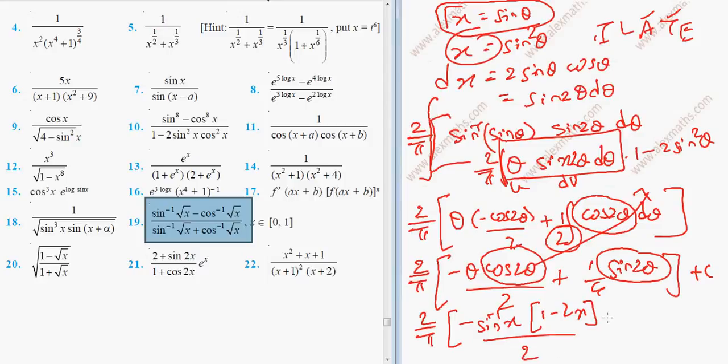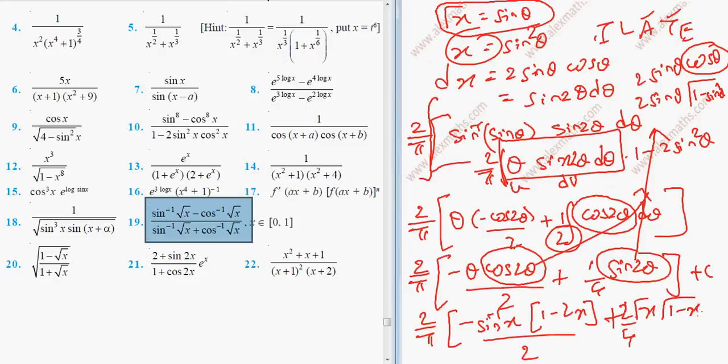Understood? By 2 plus 1 by 4. The sine 2 theta, we have a formula 2 sine theta cos theta, but I want it in terms of sine, isn't it? This also I change into root of 1 minus sine square theta. Now everything is in terms of sine theta. So this will become 2 root x, root of 1 minus x. Understood? This cos theta I wrote as root of 1 minus sine square theta, so 1 minus x. Then after simplification, we can rearrange.